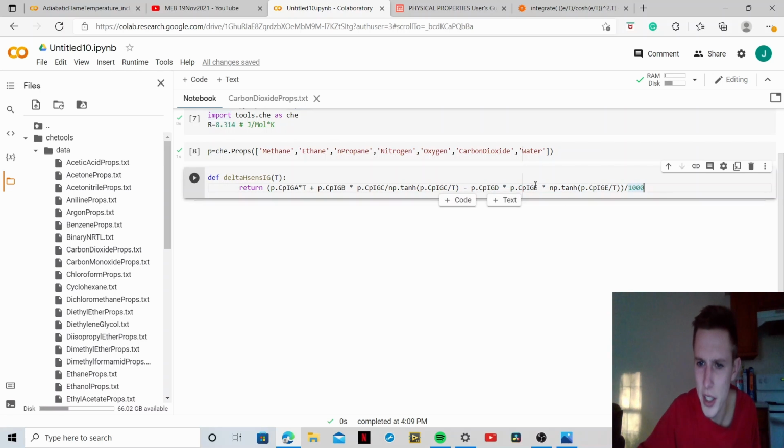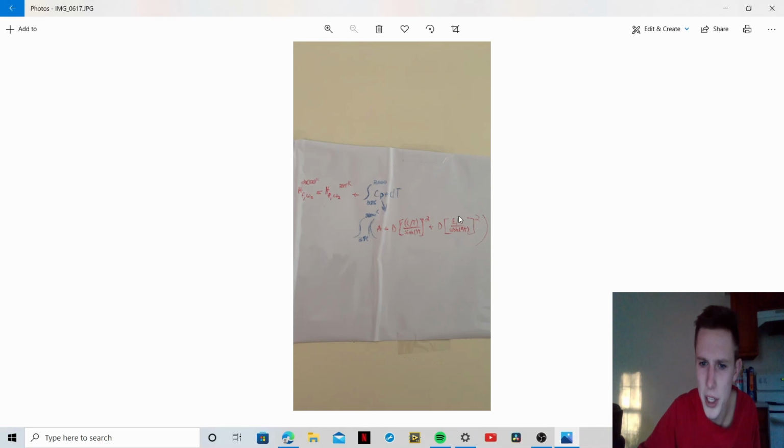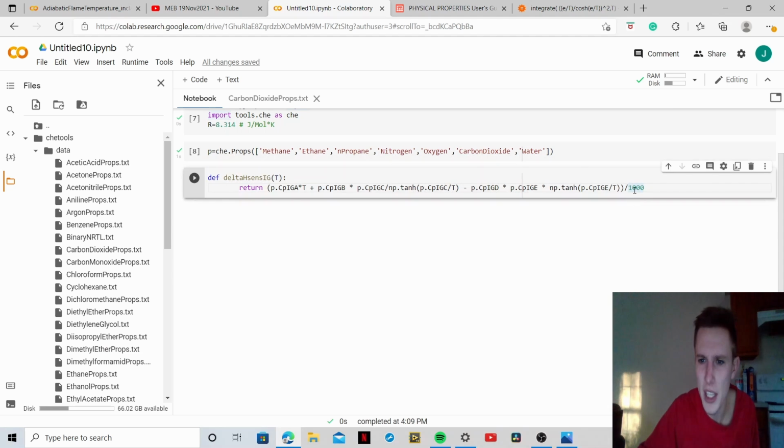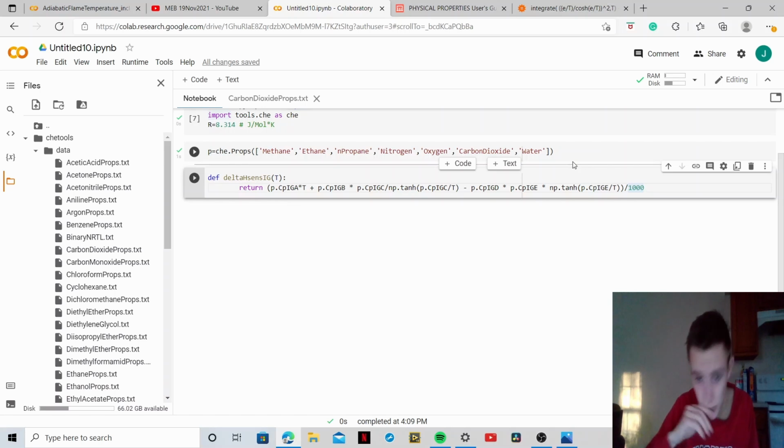This section right here we got from the integration of our right part, which was negative tangent. You'll notice everything is divided by 1,000 because I said before it was in terms of kilomoles, and we want it in terms of moles, so we divide it by 1,000.